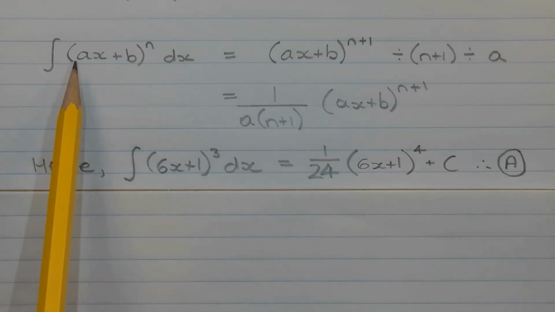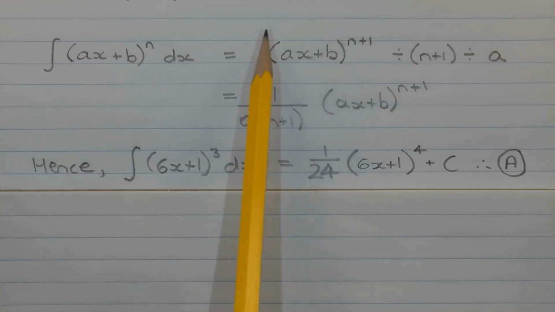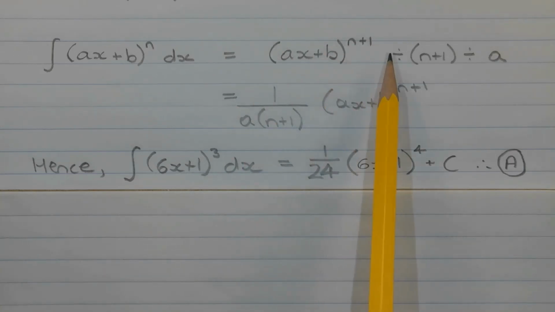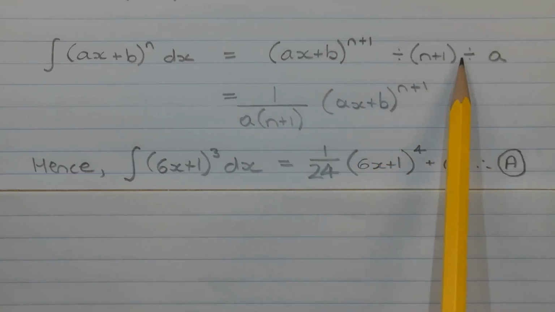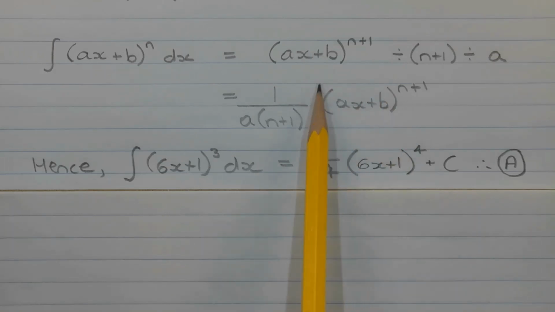So integrating ax plus b in brackets to the power of n gives us ax plus b in brackets to the power of n plus 1 divided by n plus 1 divided by a, which can be written as 1 over a times n plus 1 in brackets times ax plus b in brackets to the power of n plus 1.